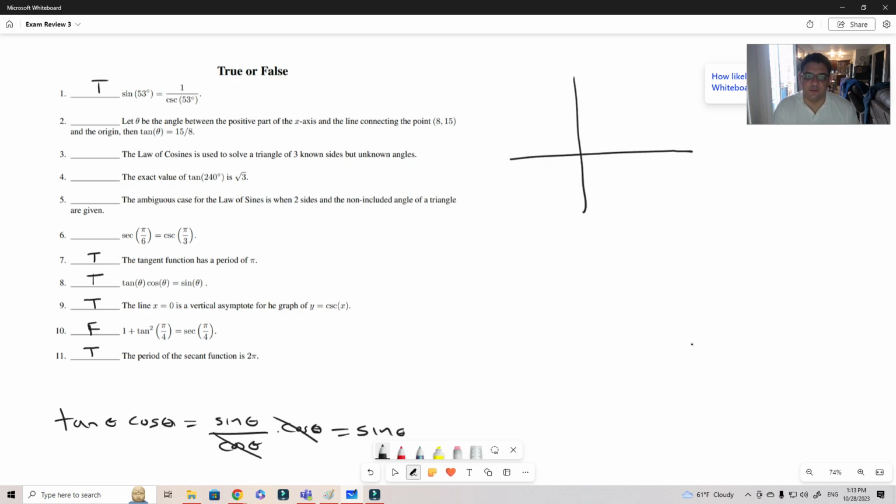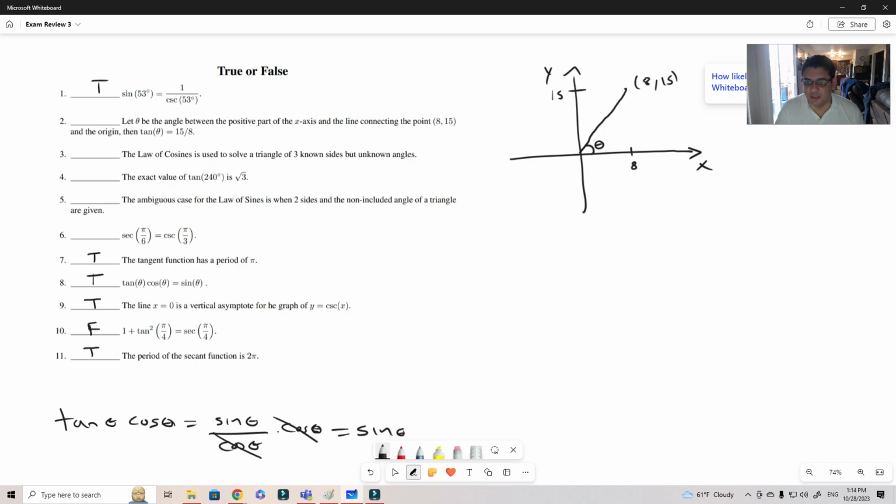What is happening here is that we have an x and y axis, and we're considering the point (8, 15). So 8, let's say, is here, and let's say 15 is here. So we have the point (8, 15). And now we have the line connecting the origin and the point. And we care about this angle.